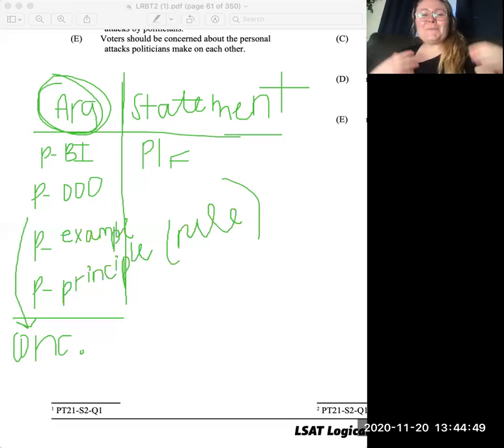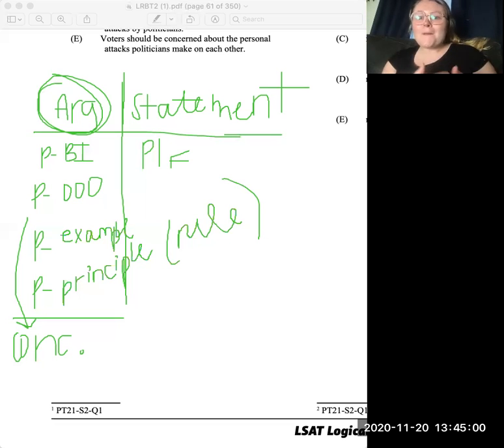So a principle is a premise. There are going to be more questions, and I'll show you one. People want to pick their principle as the main conclusion, but it's not, because we use principles to justify our conclusion. So if I said that it's wrong to tell lies, if that was a principle, I might use it to justify that Laura, you are a bad person because you told a lie.